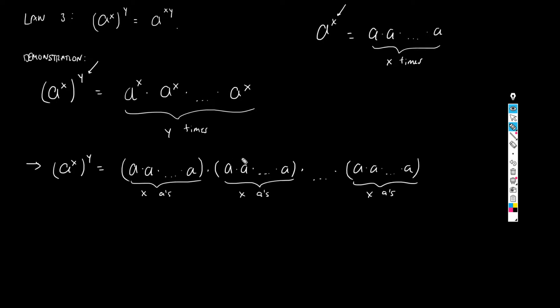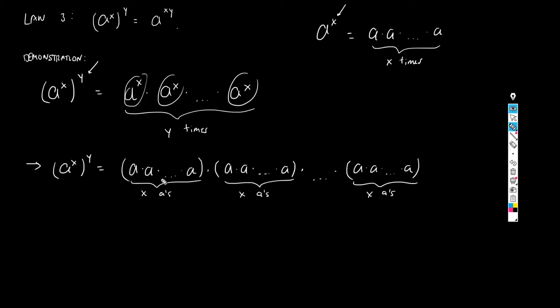Okay, guys. So now this is why I told you the thing about the boxes. Looking here, guys, if you consider this as a box, this as a box, this as a box, how many boxes do we have in here? We have y boxes, okay? And a to the x is equal to this, so all of this is a box. This is the second box, which corresponds to this second box, etc. until the last box.